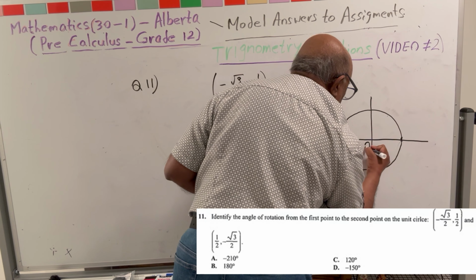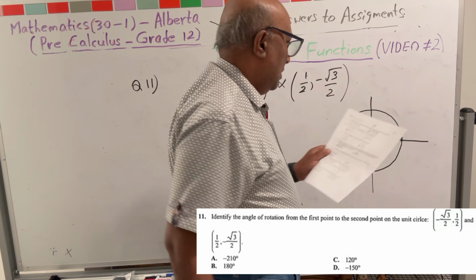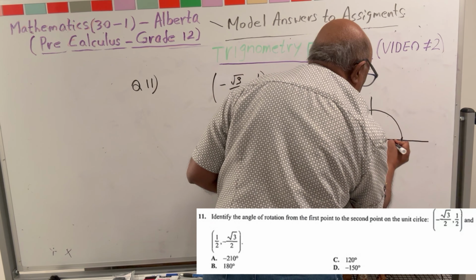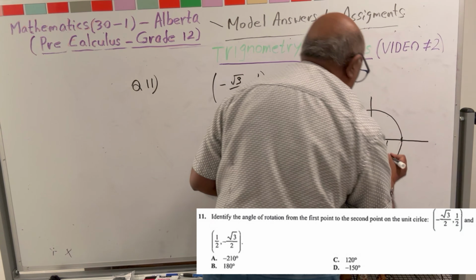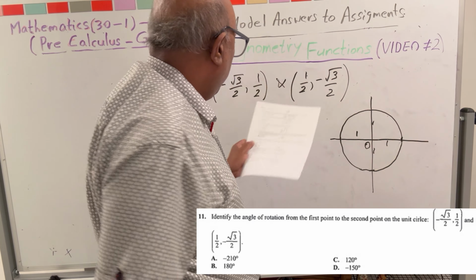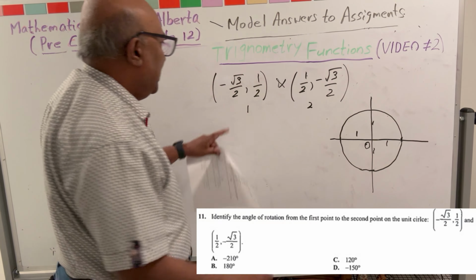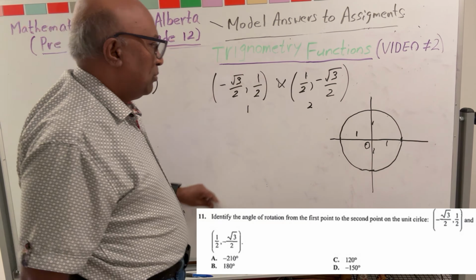The unit circle, that means a circle with radius equal to 1. All these measurements are 1 each. These are the two coordinates. First point, second point. First point, x coordinate negative, y coordinate positive. That means somewhere here.